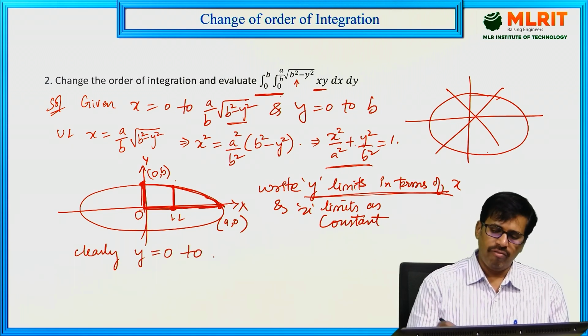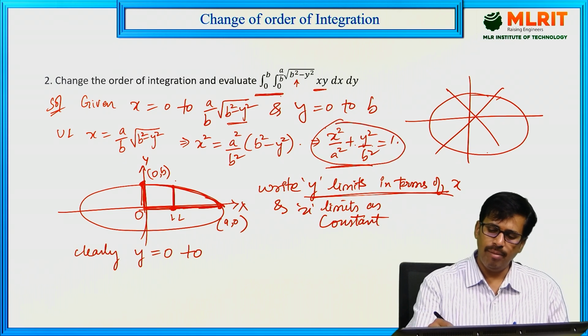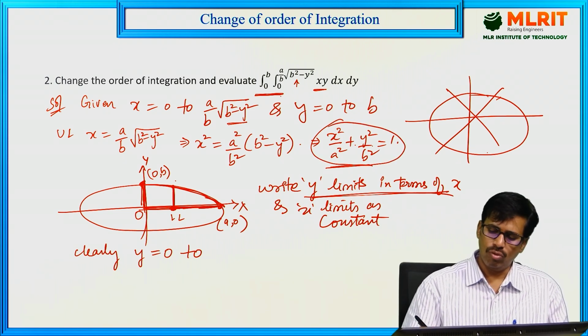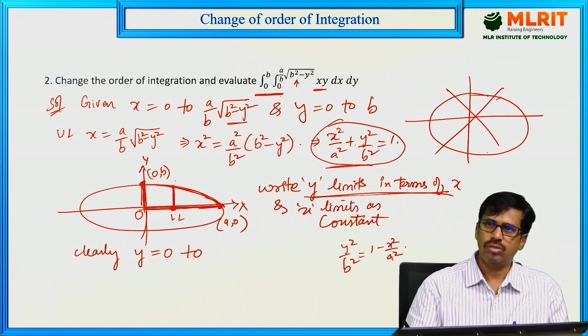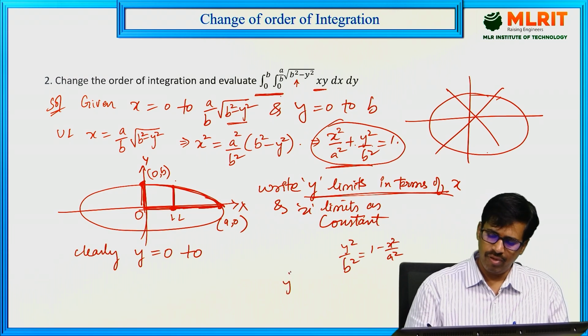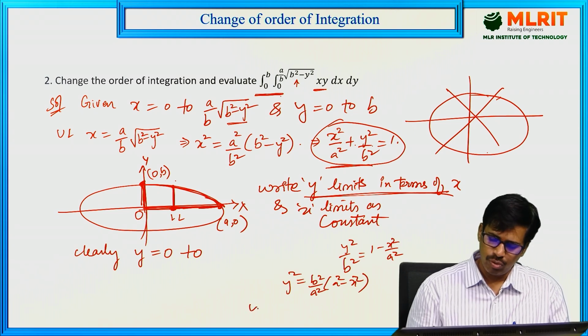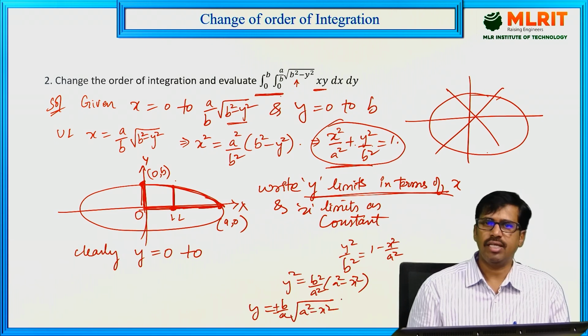Second, from the equation of the ellipse, we have to write y in terms of x. So y square by b square equals 1 minus x square by a square. This can be written as y square equals b square by a square into a square minus x square. So y is equal to plus or minus b by a under root of a square minus x square.